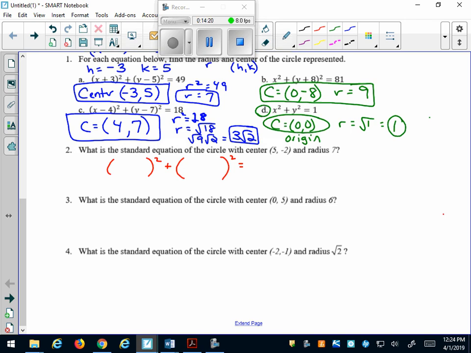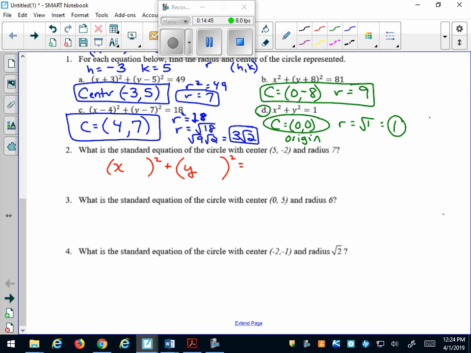Okay, so always, always, always, your equation is going to have this format, where this is x and this is y, right? So just like in our linear equations, where the x stayed x and the y stayed y, when we're writing the equation of a circle, you have to have your x and your y, and the other things become the numbers.